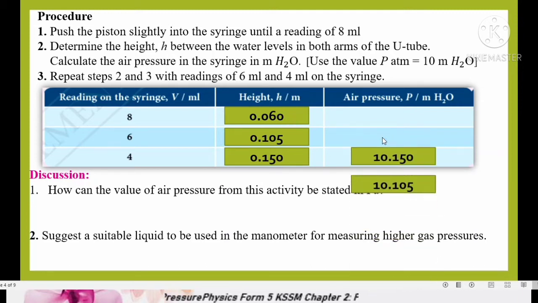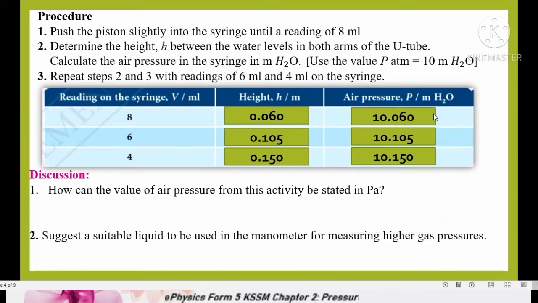So atmospheric pressure for the first one here is equal to 10 meter of water plus 0.06 meter of water. Because the height is in meter, we can write the pressure due to water as 0.06 meter of water.